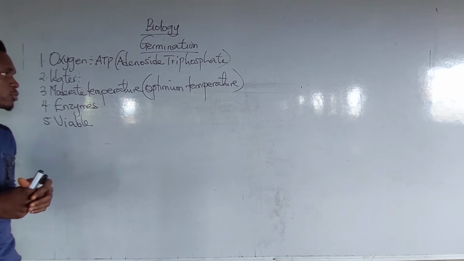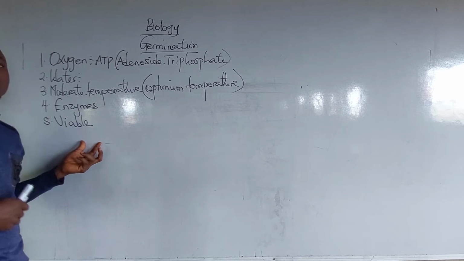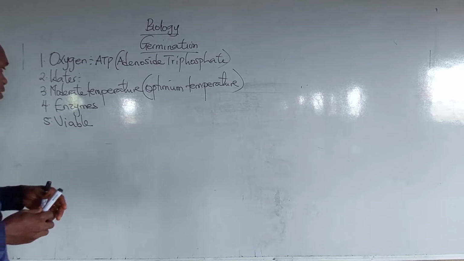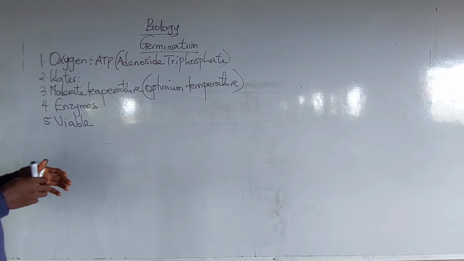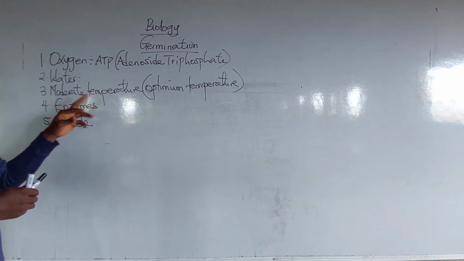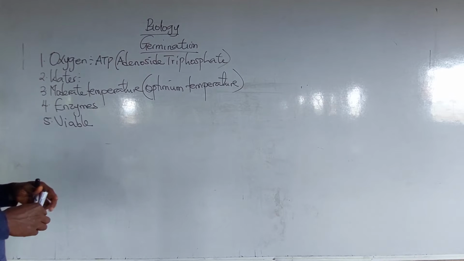Viable seeds grow easily and effectively. So these are the conditions necessary for germination to occur: you have oxygen, water, moderate temperature, enzymes, and a viable seed. Please take note of that.